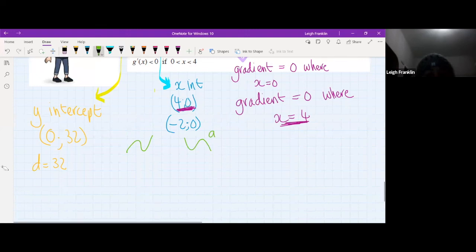A is positive, and then over here where a is negative, then it's going to be concave up and then concave down. So this graph over here, where a is positive, what can we say about what is happening between the turning points? What is happening with gradient?